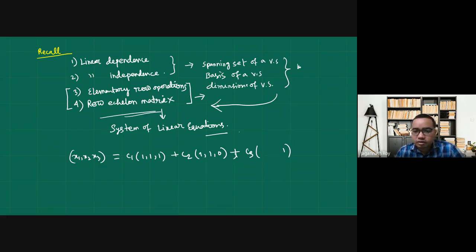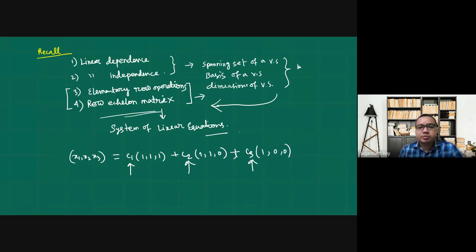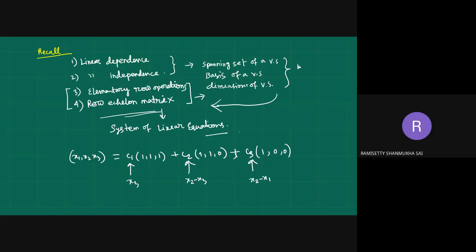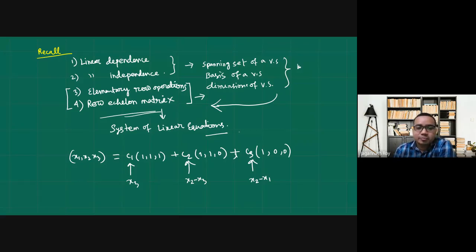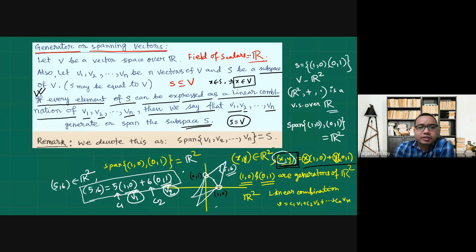From here you will get a system of linear equations. If you solve this system of linear equations, then you will get C1 as x3, C2 as x2 minus x3, and C3 as x1 minus x2. In the last class we have seen this, right? Okay, so let us move forward.